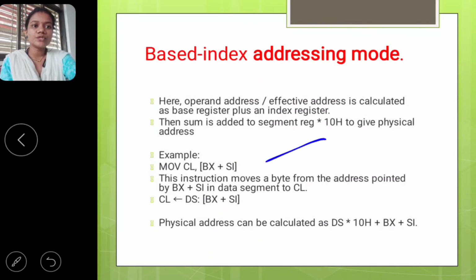This instruction moves a byte from the address obtained by adding the contents of BX plus SI in the data segment into CL. So the physical address is calculated as data segment times 10H plus BX, the base register, plus the index register. This is the base index addressing mode.